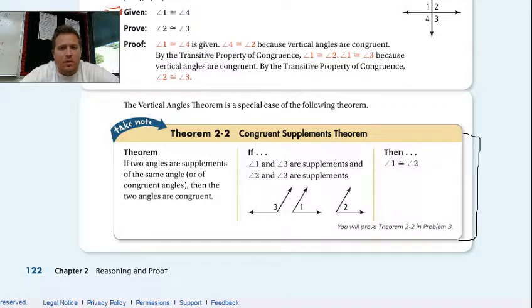So if angle 3 and 1 were supplementary, which means they add up to 180 degrees, a straight line, and angle 3 and angle 2 were also supplementary, adding up to 180 degrees, then angle 1 and angle 2 would have to be congruent. They'd have to be the same angle measure. We could prove that through proofs, but we're not going to show you that. We'll go on to our next one.